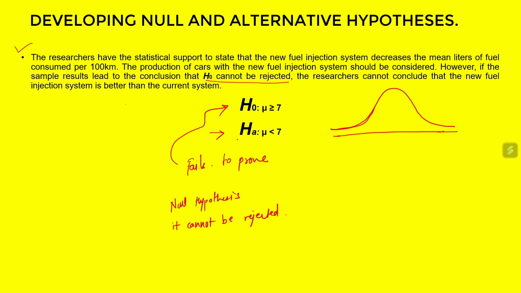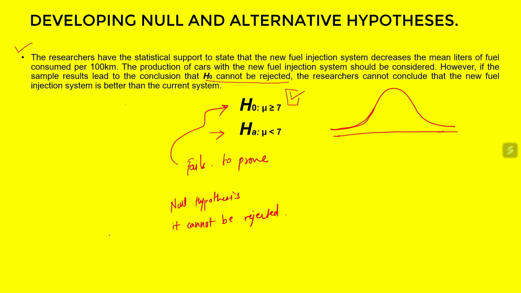That means the researcher group has failed to prove that the average fuel consumption is lesser than 7 liters. Hence, it means that the H naught cannot be rejected. We are accepting this. Okay.